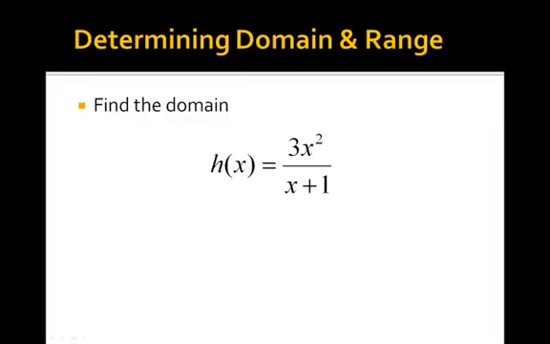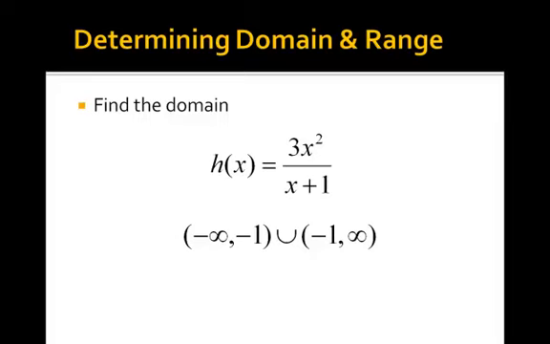Well, if you look at just the bottom of this fraction, you can see that if you start using different values like x equals -1, that would create a problem. When you use x equals -1, you have -1 plus 1, and therefore you get a 0 in the bottom. Well, since we can't divide by 0, I want to remove that -1 from the rest of my numbers. So basically, my domain would include all real numbers, except for that -1.